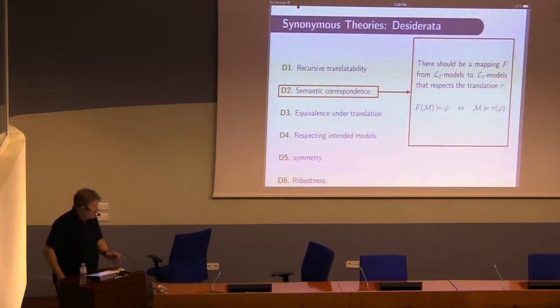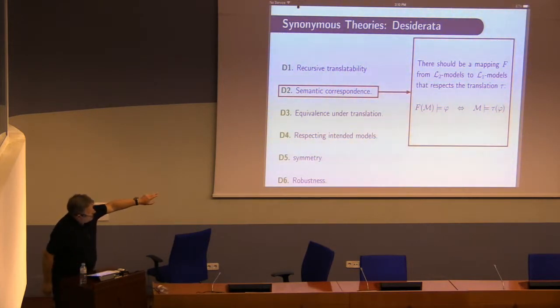Then I want to have a semantic correspondence. I've assumed that we have some semantic structures, that we understand the language is interpreted. And now I want to map in the reverse direction, because if I'm translating from L1 into L2, then I want to map my L2 models into my L1 models.